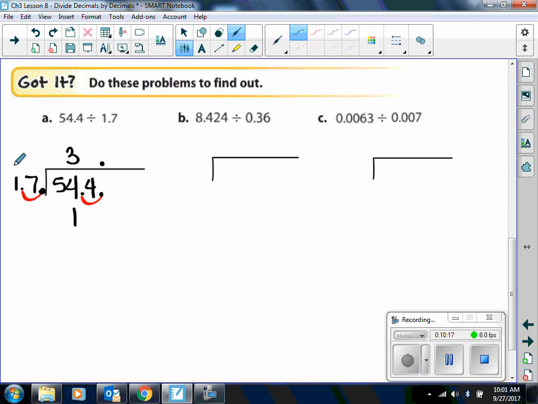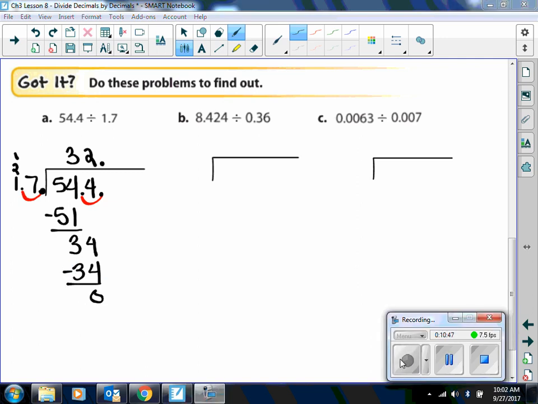Carry the 2. 3 times 1 is 3, plus 2 is 5. And then we subtract. So that's going to give me 3. And then we'll bring down the 4. And then 17 goes into 34 twice. And then 2 times 7 is 14. Carry the 1. And then 2 times 1 is 2, plus 1, that's 3. And then we subtract and we get 0.